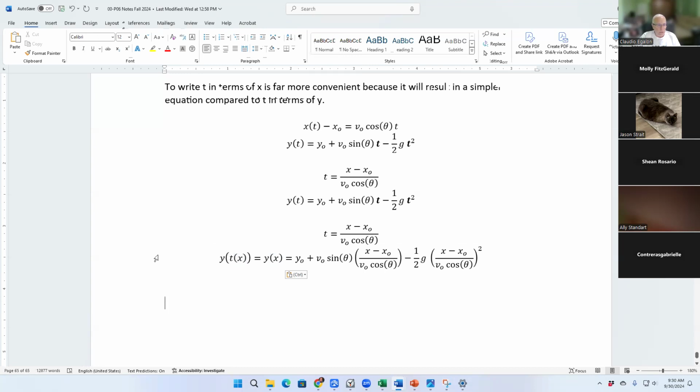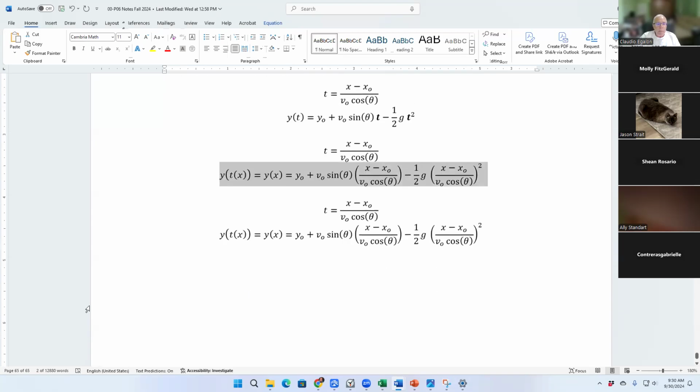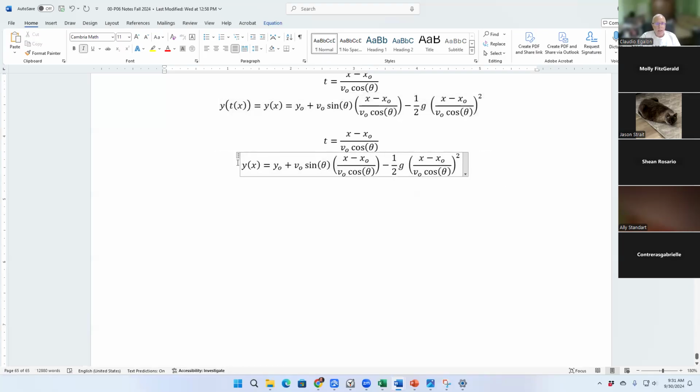Let's see what else we can do here. Now this is no longer a parametric equation, and I will erase that. What else can we do? This v naught here can cancel out this v naught, right? This sine of theta, I'm going to put that in red, is going to combine with this cosine of theta.